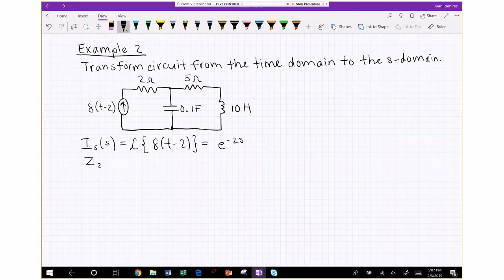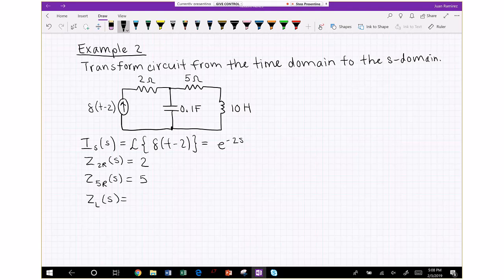Now we're going to look at the S-domain model of the 2 ohm resistor, which we model with an impedance. The impedance of a resistor is just equal to its resistor value. Let's do the same with the 5 ohm resistor. Pretty straightforward there. Let's look at the inductor.